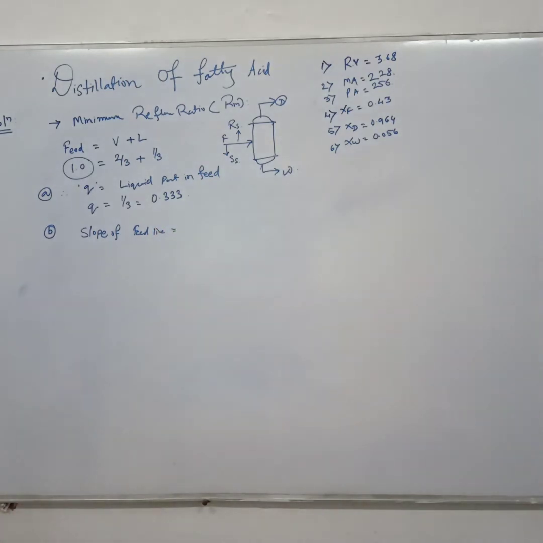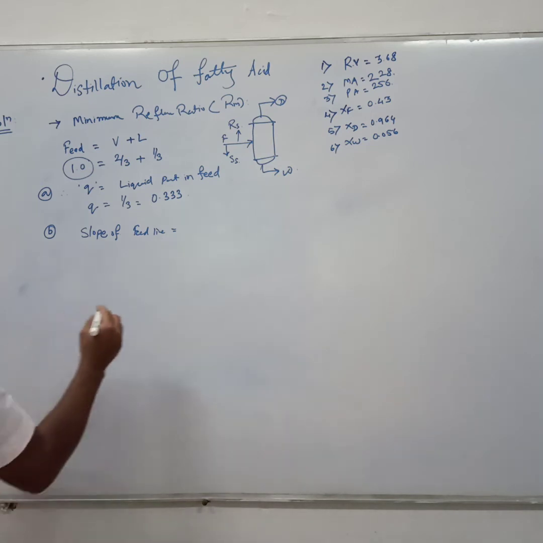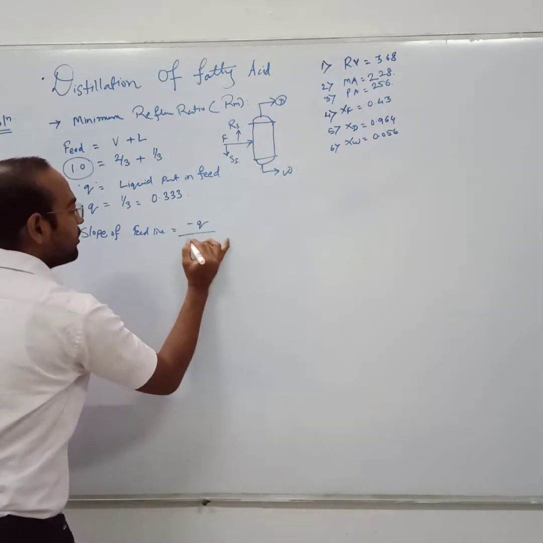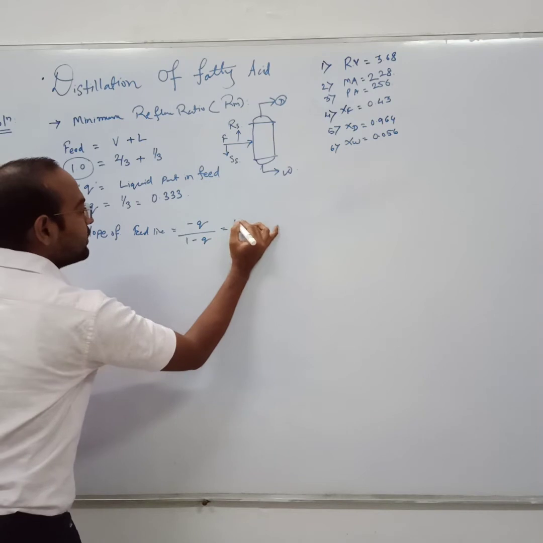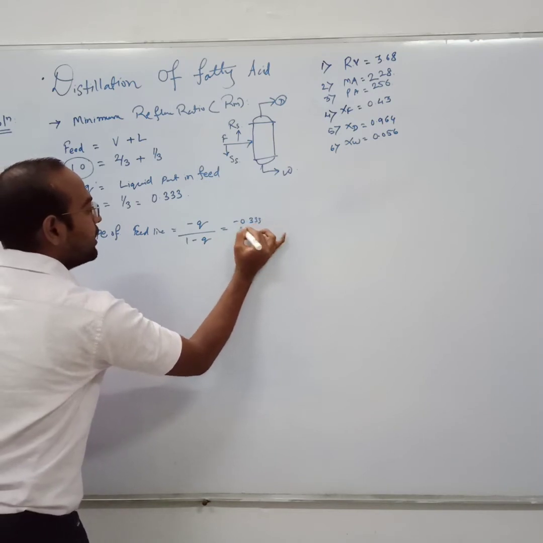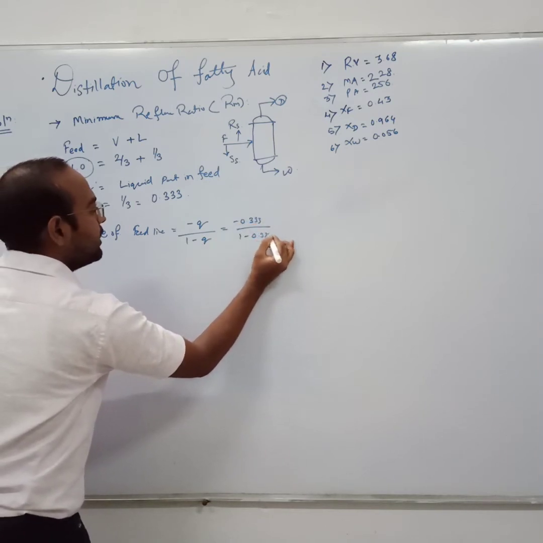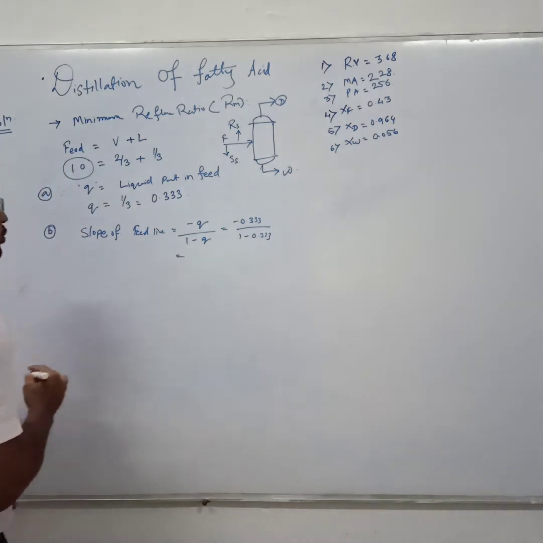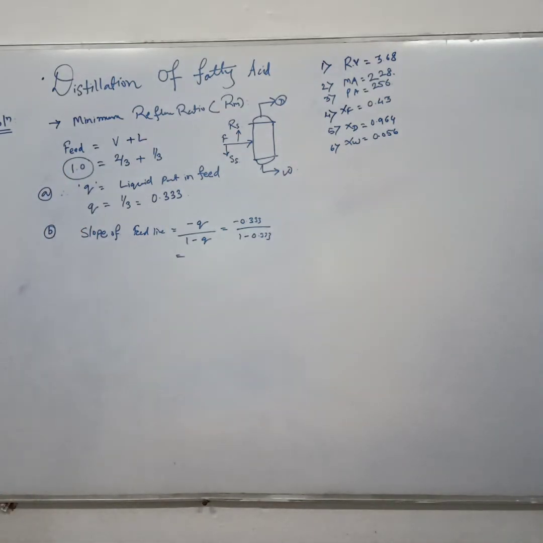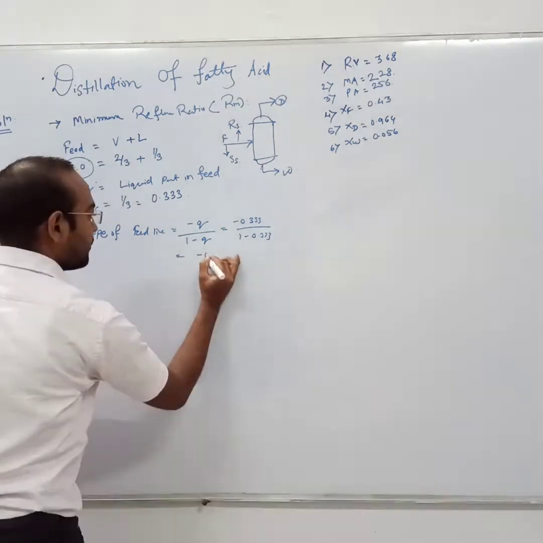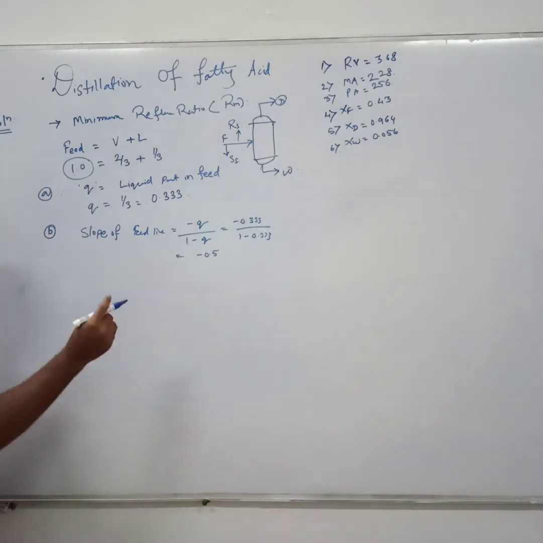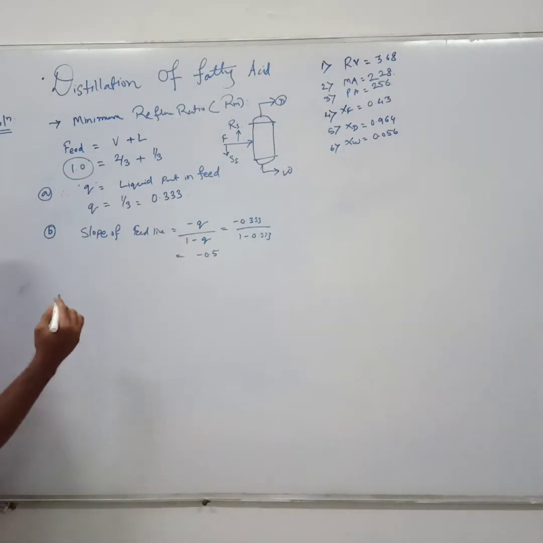Slope of feed line is calculated by, these all are standard formulas. Minus q upon 1 minus q, that is minus 0.333 upon 1 minus 0.333, and we are getting slope of feed line as minus 0.5. It is again continued to find out the angle.